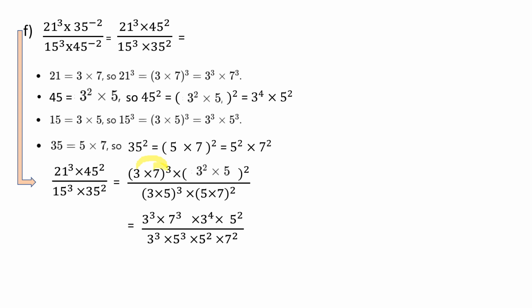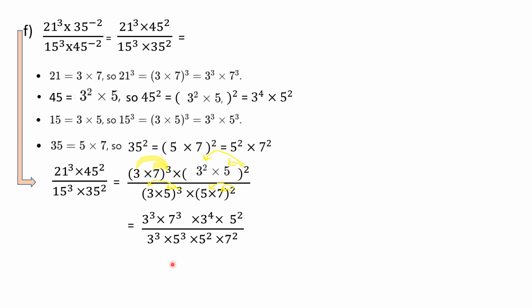Let's continue, and then I want 2 times 2, which will be 4, 2 times 1, which will be 2. So 3 to the power 4 times 5 to the power 2. Similarly here, 3 to the power 3 and 5 to the power 3, 5 to the power 2 times 7 to the power 2. So this will be the final answer.